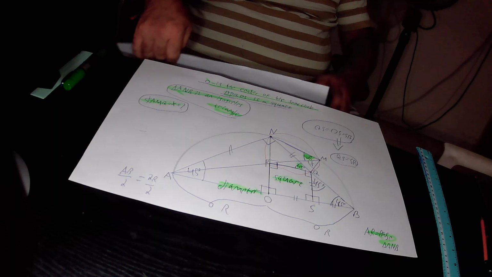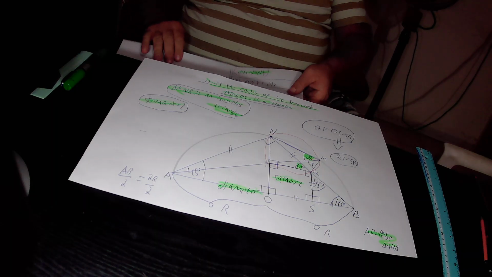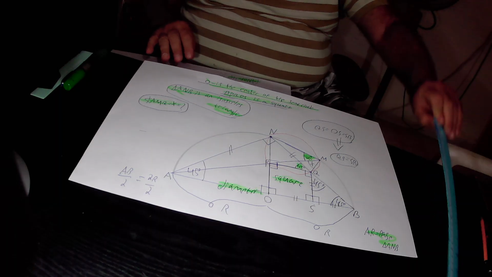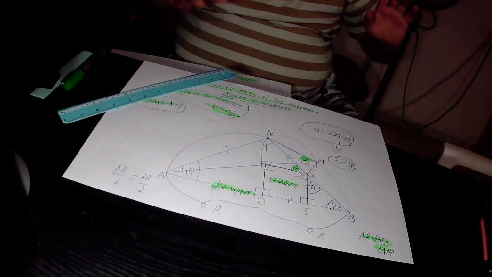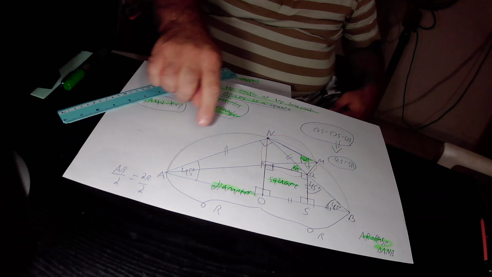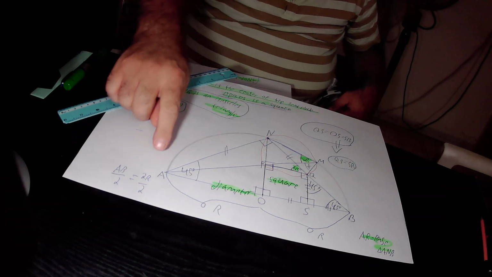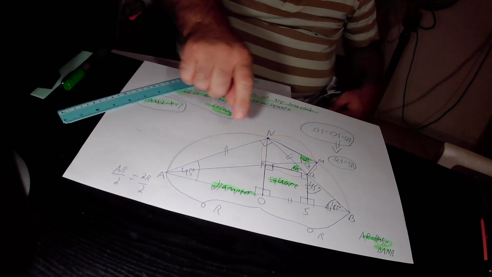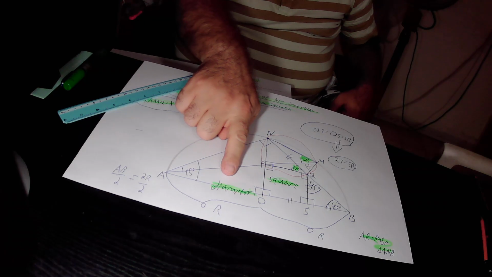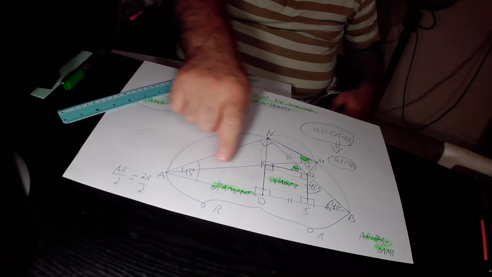In the next step, we join points N and M together by a straight line, and we also join points N and A together by a straight line. By joining points N and A, we get the peripheral angle ANB. This is the peripheral angle ANB that subtends on the diameter of this semicircle, which is AB.